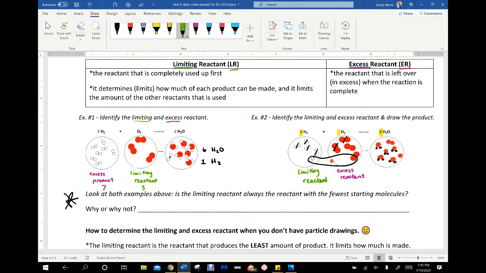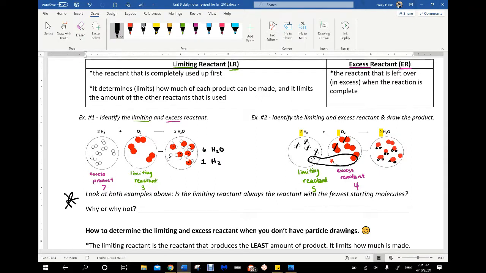Now let's go to our second example. Here for hydrogen, we had 1, 2, 3, 4, 5 molecules. And for oxygen, we had 1, 2, 3, 4 molecules. Now, this case goes against the question in that the limiting reactant was not always the reactant with the fewest starting molecules.